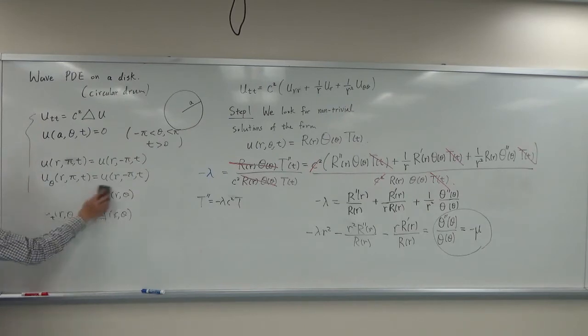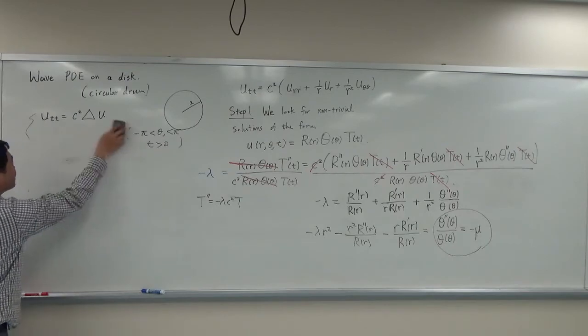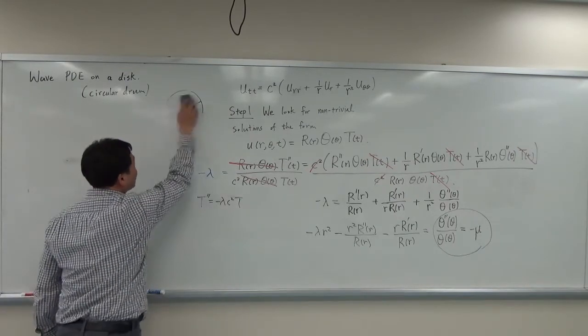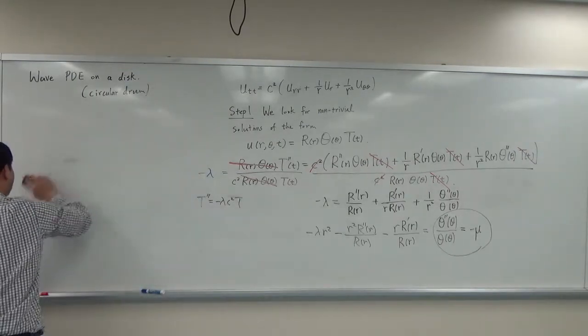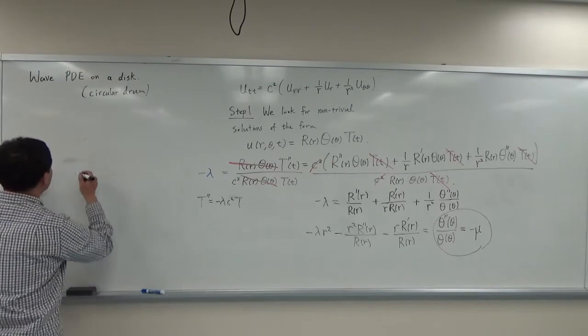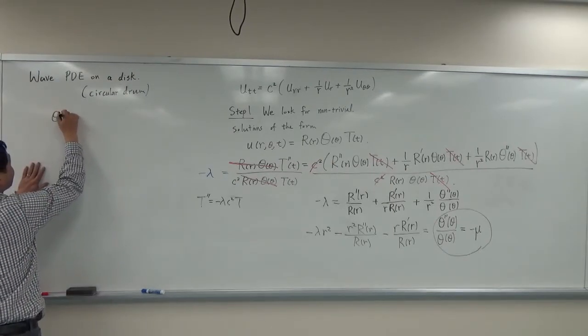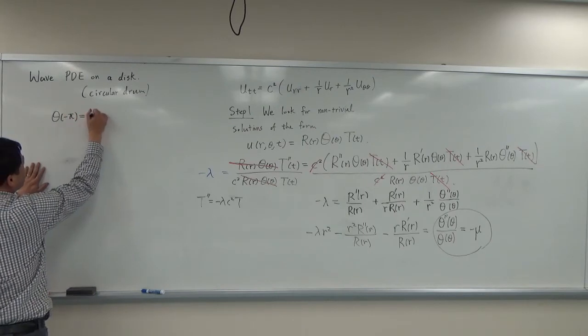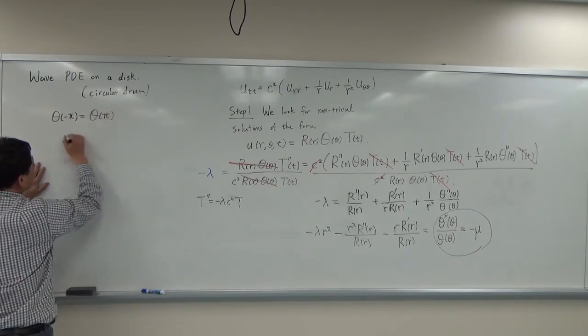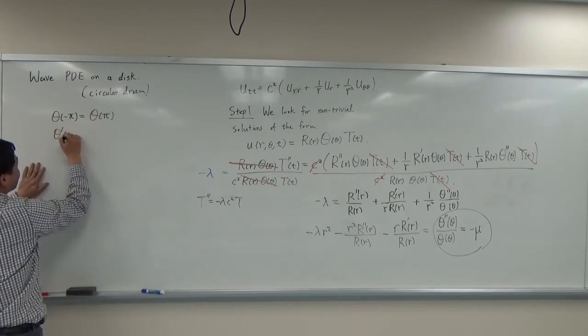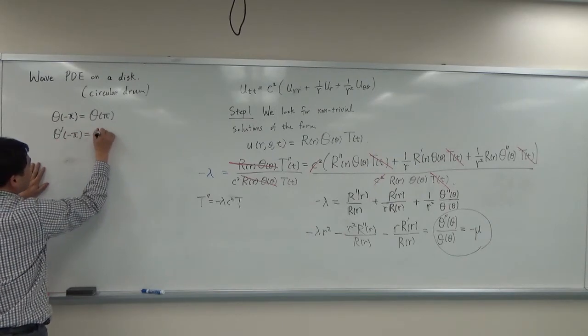So unfortunately, I'll have to erase this. But what I'm trying to say is that if you use the periodicity condition, you see that theta of negative pi should equal theta of pi, and theta prime of negative pi should equal theta prime of pi.